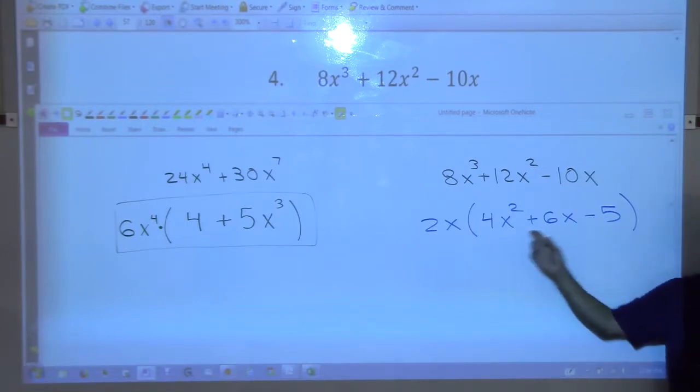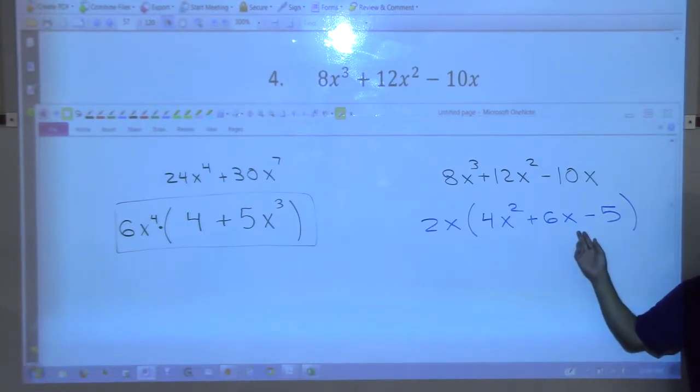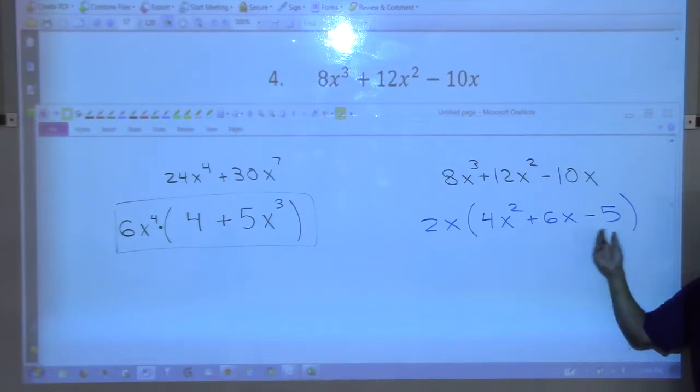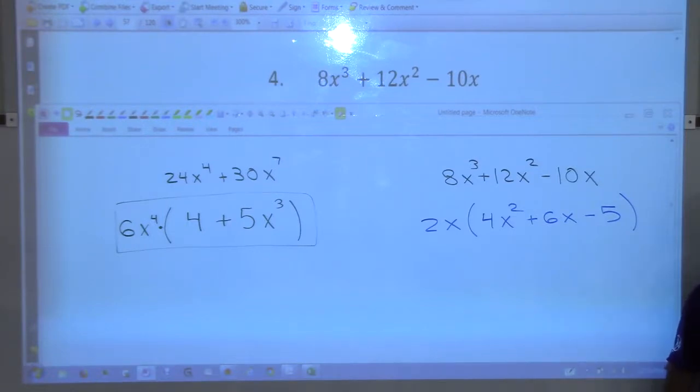AC method, because you have 3 terms on this, right? So I'm not sure where you are with this, Dyson. Can you do this mentally, or are you going to need to do something like the AC? Can you do some of them mentally? Yeah. Okay, this one's a little tough though, right? So you might have to try a couple of different things to get it.